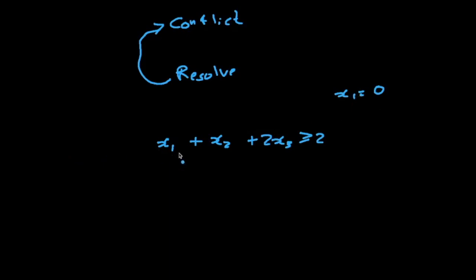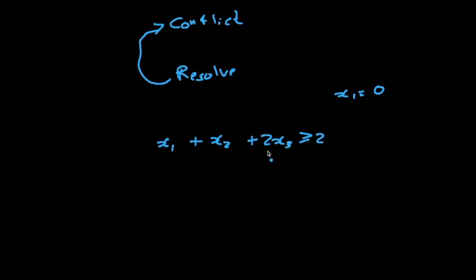And if I put x1 equal to 0, then it will propagate to saying that x3 equal to 1, right? Because x2 cannot really just satisfy it. And this propagation can also be done using the slack.